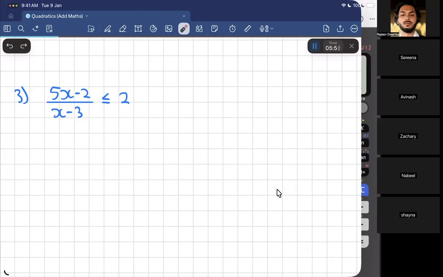This is a rational inequality question. What value of x would make the function undefined, Sheena? 0. No, not 0. When the denominator is 0. What would make the denominator 0?